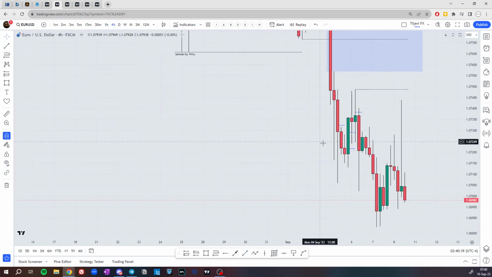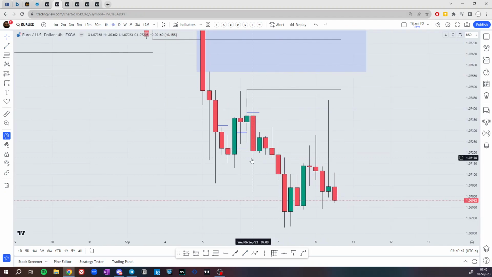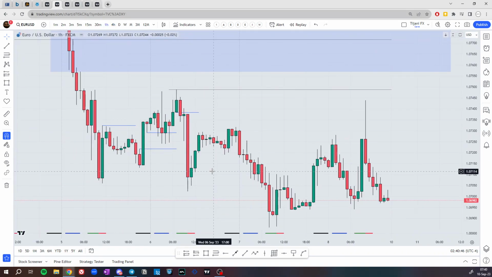On 4-hour time frame, what we see, let me check, we see price has taken these highs here, then price has dropped lower, breaking market structure below this low, which I looked for an entry at this 1 hour fair value gap right here.